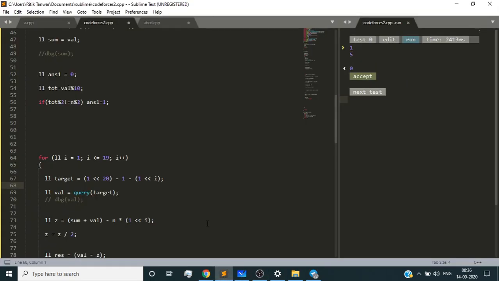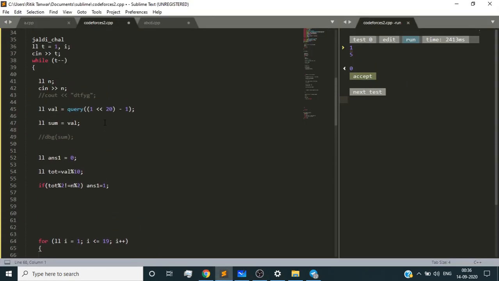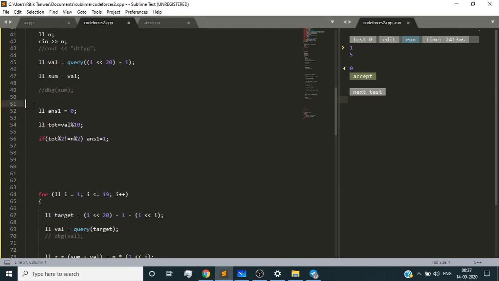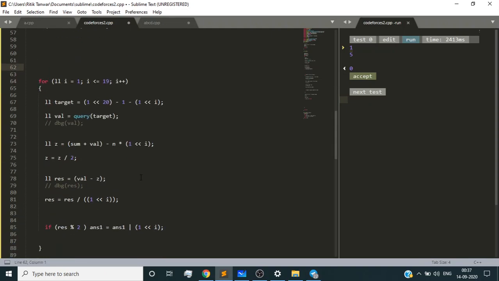I'll take you through my source code, what I had done. Basically, I'm doing that first query and then checking the base condition, where the zeroth index of my answer is either 1 or 0, which I explained earlier.